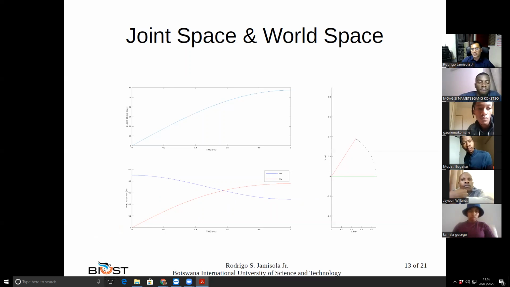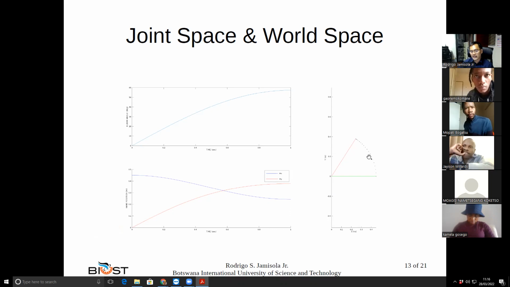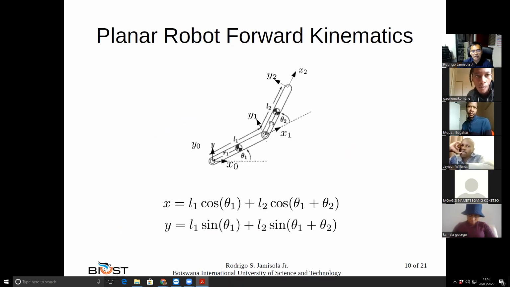We call this the direct computation: inputting the joint and then seeing what happens to the hand, computing the hand axis. This is the forward kinematics. Here we have mentioned forward kinematics, where for this 2 degrees of freedom robot you compute the resulting x value of the hand and the y value of the hand by computing the length of link 1 multiplied by cosine theta 1, which is this part.